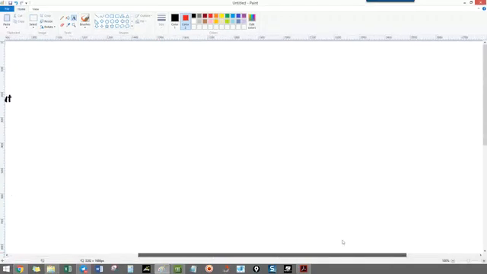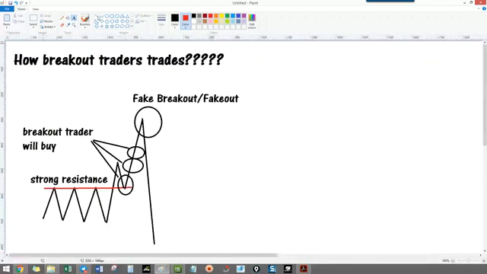Usually it will have something like this. On the left I will just draw over here. On the left sometimes we have something like this. Okay, I got it wrong.